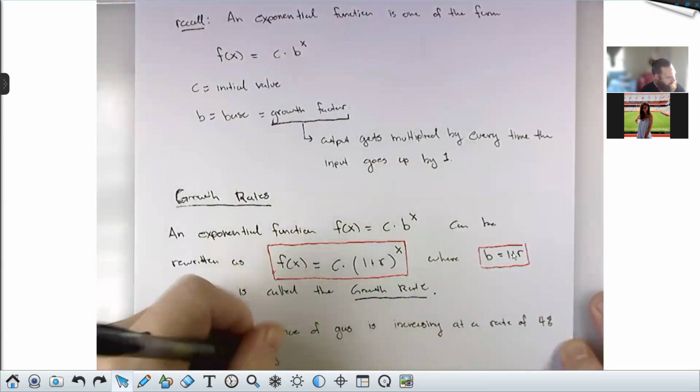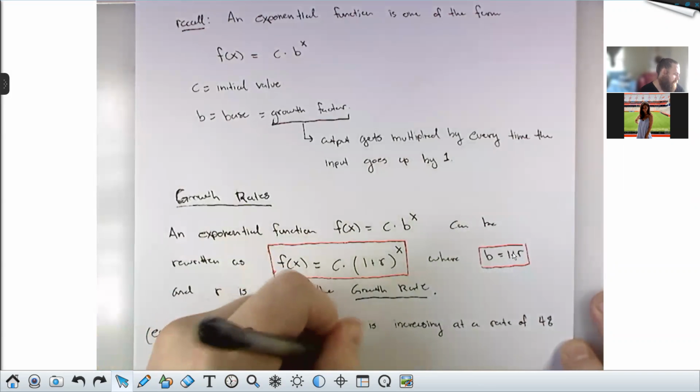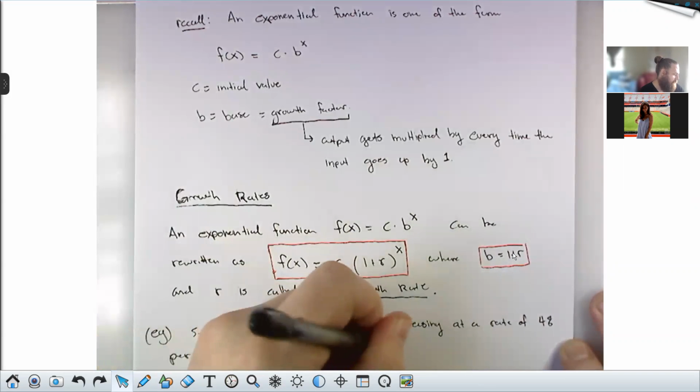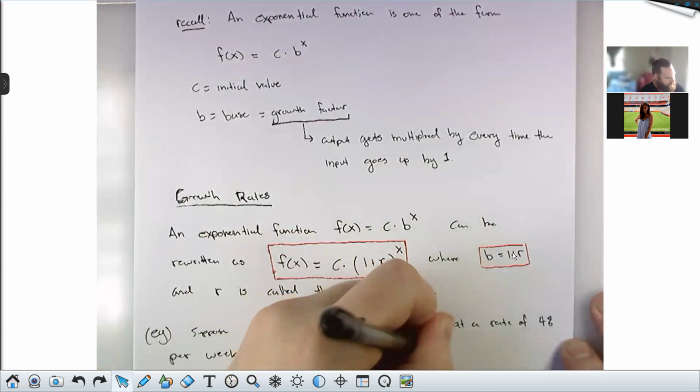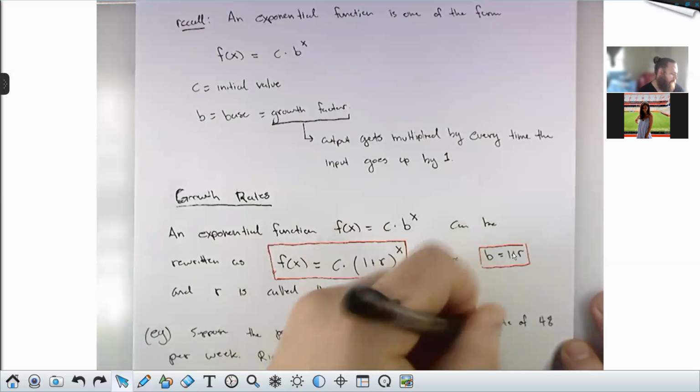Right now, gas costs, say, $3.90 per gallon.